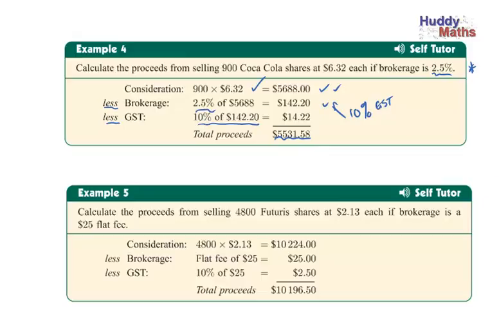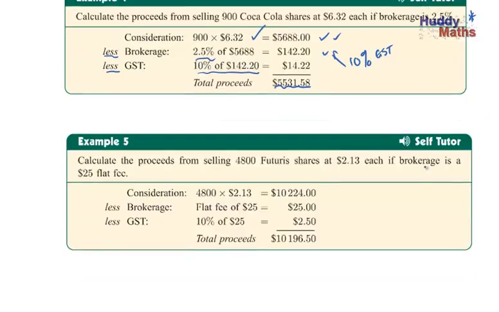Let's have a look at this one down here now, a little bit different, because this time the brokerage is a $25 flat fee. So 4,800 shares at $2.13. The consideration is 4,800 times $2.13, comes to that amount. That's what you hope to get for them. But hang on, don't forget the charges.